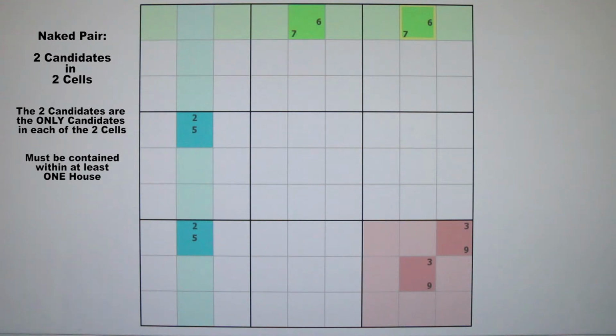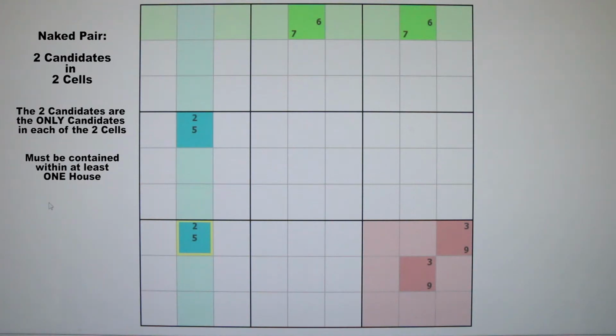The same thing. We have a 2 and a 5 and a 2 and a 5. So if one of those is a 2, the other one is a 5. And if the first one is a 5, then the other one is a 2. And that's the only thing it can be. Because column 2 has to contain a 5 and a 2, and because those two by-value cells only contain those candidates, one of them must be the 2 and the other one must be the 5.